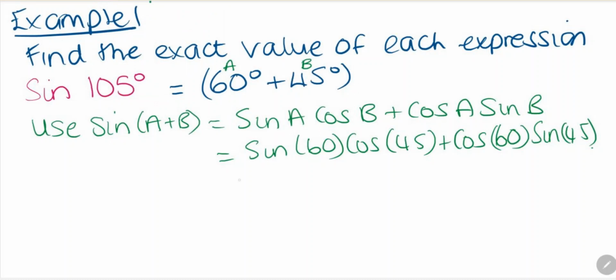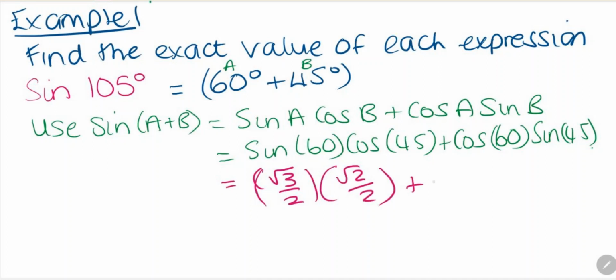So the sine of 60 is root 3 over 2. Cosine of 45 is root 2 over 2. Cosine of 60 is a half. And the sine of 45 is root 2 over 2.